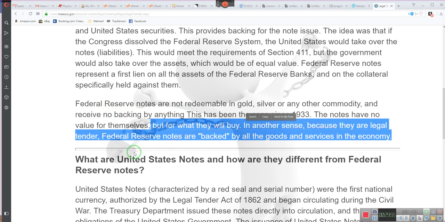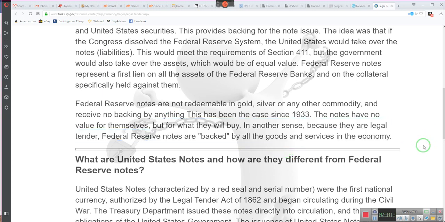In another sense. Nonsense. Nonsense because it doesn't agree. So it's nonsense. Federal Reserve notes are not backed by anything. Goods and services of the economy. Where in law does it say goods and services have value?